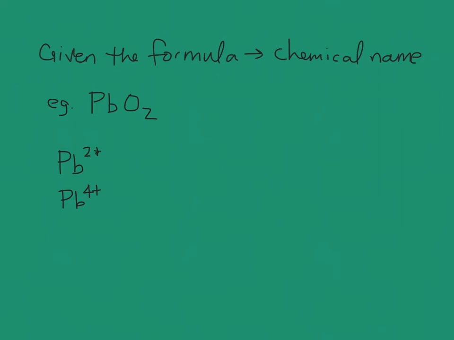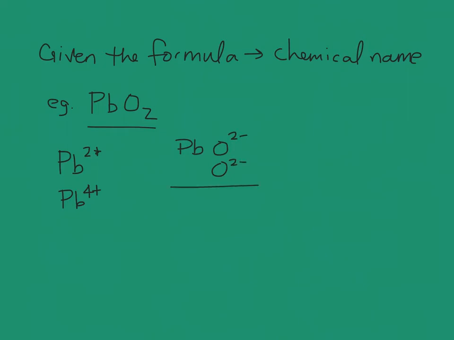And you have to figure out, looking at PbO2, would it be lead(II) oxide, or would it be lead(IV) oxide? The way to think about that is, I know that there's one lead and there's 2 oxides. And I know each oxide is a -2.